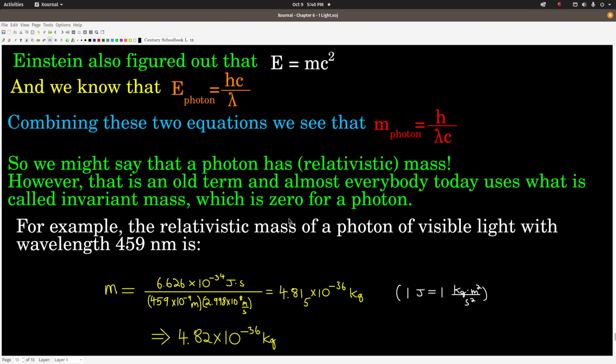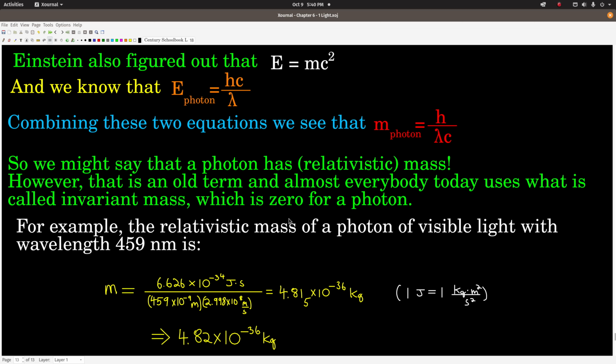So one last thing. Famous equation, right? E equals mc squared. That means we can apply this to a photon. And so if the energy of a photon is equal to hc over lambda, that means we can say that mc squared is equal to hc over lambda, or the mass of the photon is equal to Planck's constant over lambda c. So this looks like a photon has mass, right?